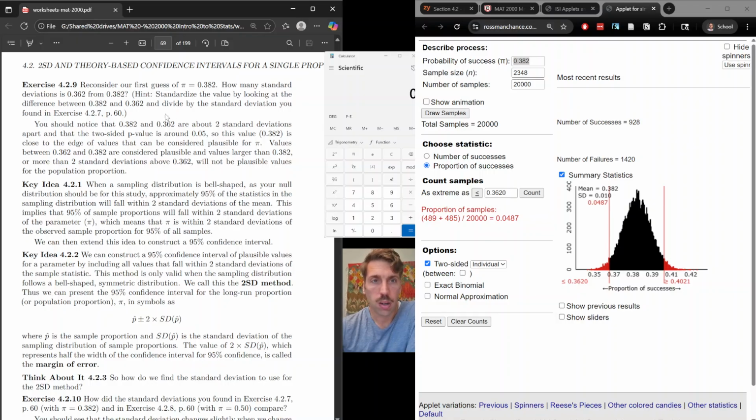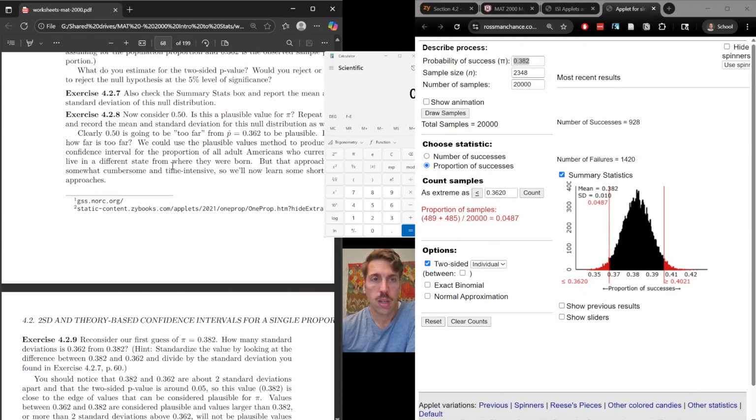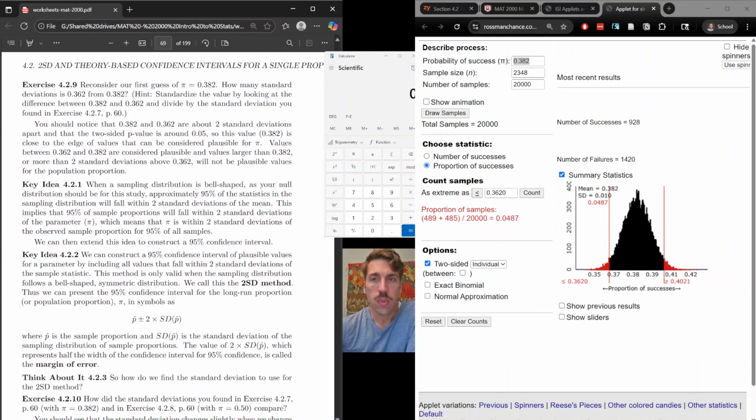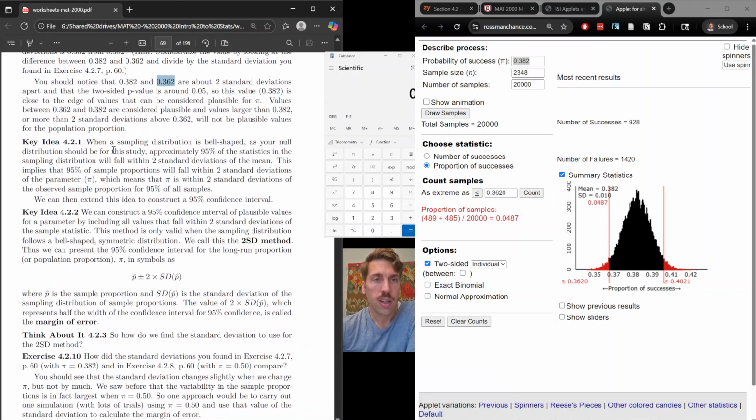So we standardize the value by looking at the difference between 0.382 and 0.362 divided by the standard deviation you found in exercise 4.27. So look at this standard deviation and how many standard deviations this number is different from that number. Okay, so that's a nice little math question there.